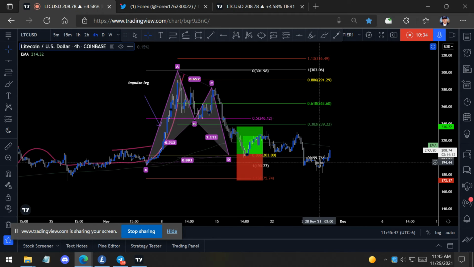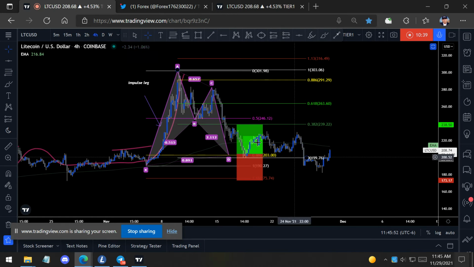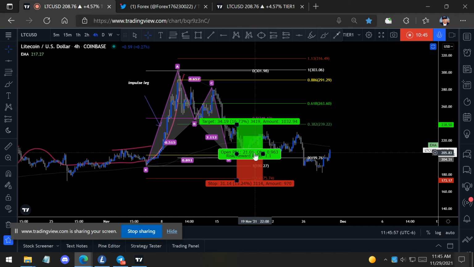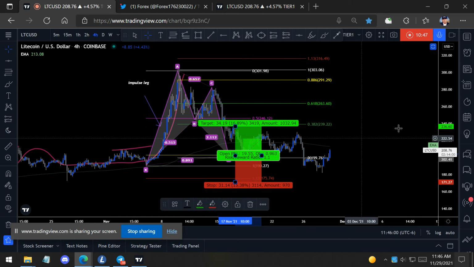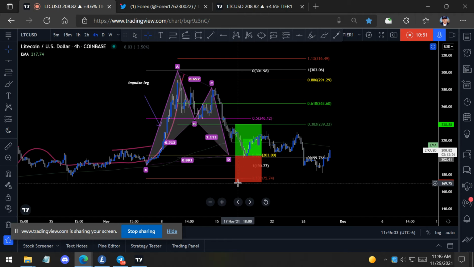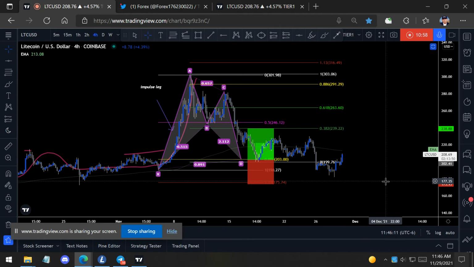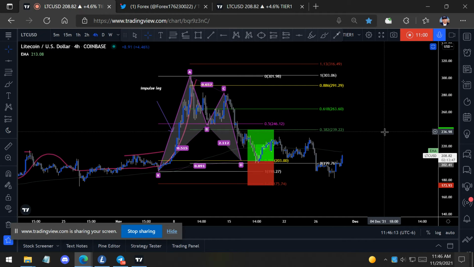Stops below the 113. And that'll give us a 1.1 risk reward, which is not the best. But it is a minimum of 1 to 1, so it works.